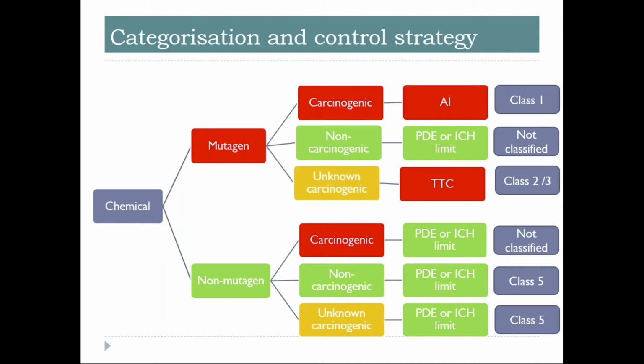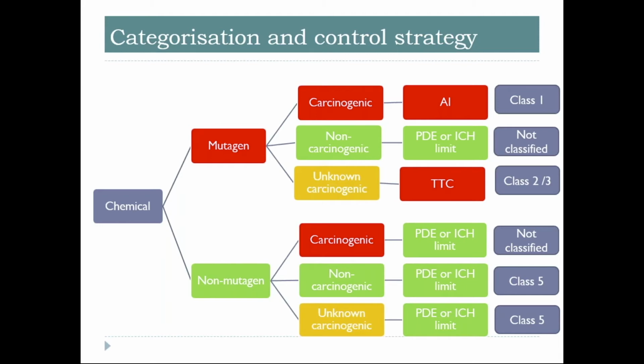When the compound is non-mutagenic, irrespective of the carcinogenicity results, it is controlled either by deriving the compound-specific PDE or by ICH limits. When I talk about PDE, it is based on the ICH or the EMA guidance.